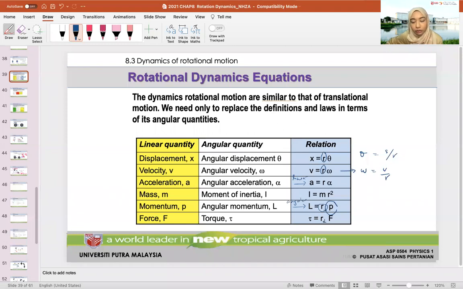And then we have torque, which is r times force. So that is how you convert it into linear or angular, and vice versa. And then for torque, we also have I alpha. And then for L, we also have I omega. Now, why do we have two equations? Because this equation gives us the relation between the linear quantity and the angular quantity.